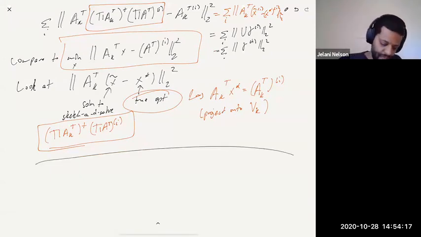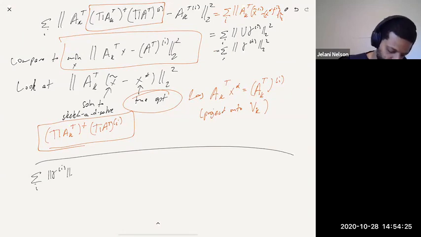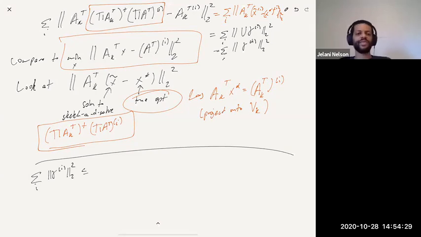And then the analysis is exactly the same as last time. The sum over i of gamma_i L2 norm squared is at most, so now we use the fact that we have a subspace embedding for the column space of V_k.